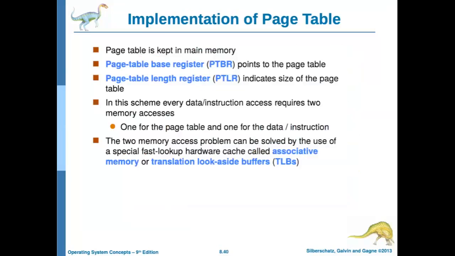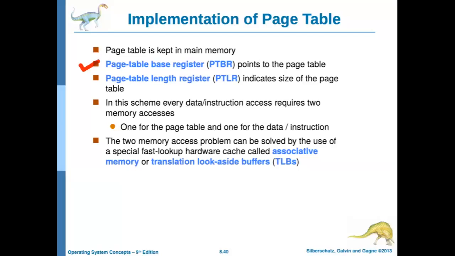Now, how to implement these page tables. The very first thing is, like the segment table is in memory, we need to store the page table in main memory. For the segment table, we have something called an STBR, the segment table base register, in exactly the same manner for that particular process.